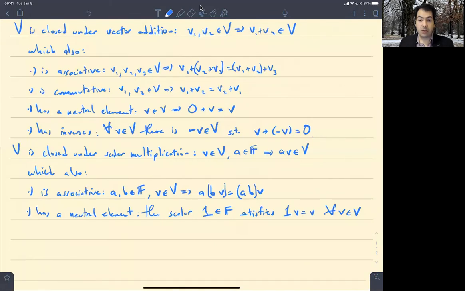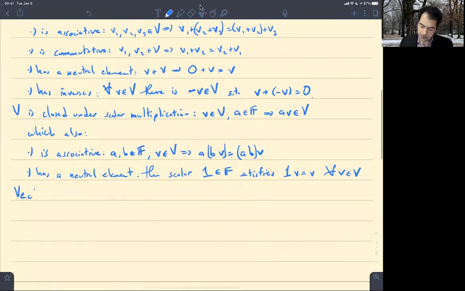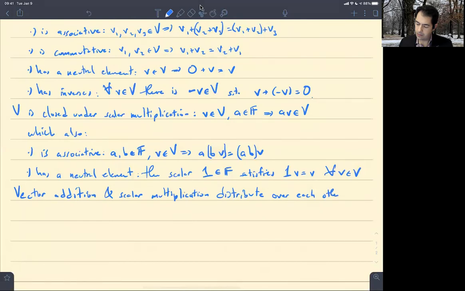And then finally, we want to talk about how the operations play together. As in the case of a field, what we want is for one to distribute over the other. So vector addition and scalar multiplication distribute over each other.